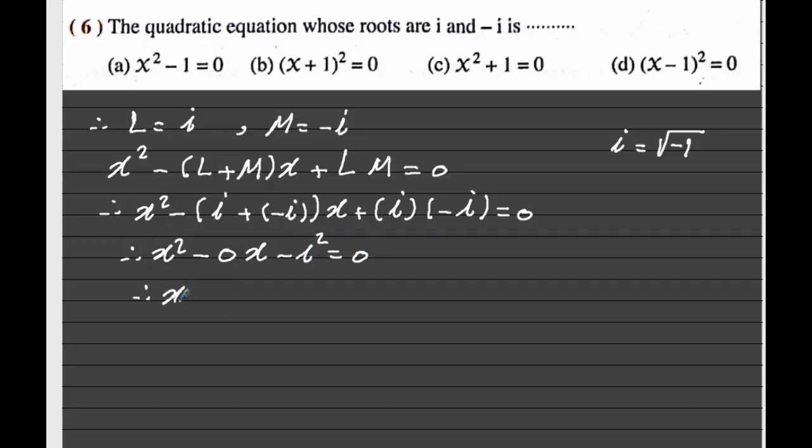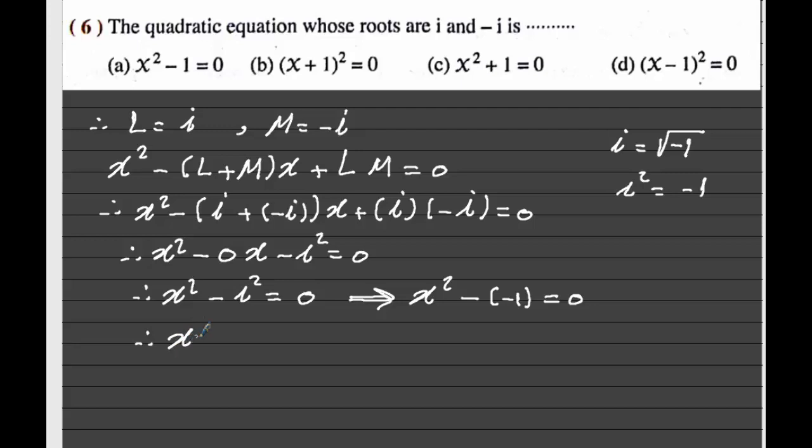Now we have x squared minus i squared equals 0. But i squared equals negative 1. So substituting here, x squared minus negative 1, all equals 0. So the result will be x squared plus 1, and this is the required equation in letter C.